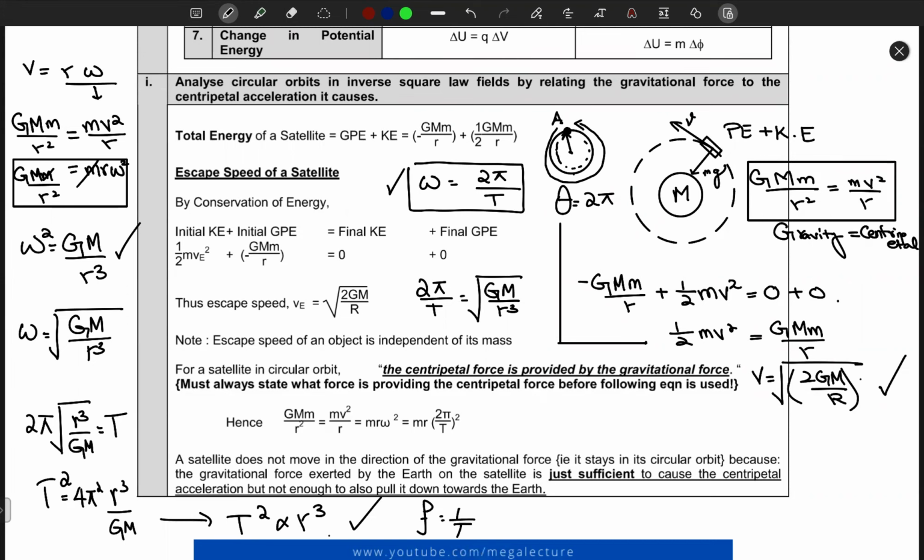Sir, what does frequency do here? Frequency is just telling you how fast this orbital motion is happening. The higher the frequency, the faster the orbit is being completed. Anything that has a higher frequency is telling you about the speed of that oscillation. So the higher the frequency, the faster the satellite completes the orbit.